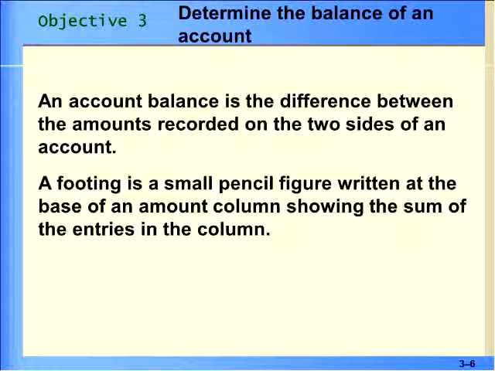A footing is, at the end, you're always going to put a little footing entry, which is a small penciled figure written at the base of an amount column showing the sum of the entries in the column. So you would add up all your debits, you'd add up all your credits and go, wow, I got $2,000. And obviously when you add everything up, it should all equal out.